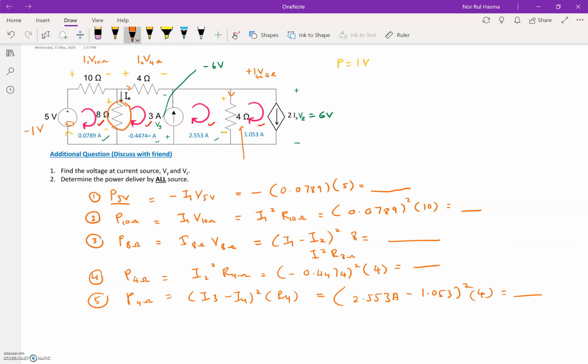And then this one is a bit different, which is you have to find the power for the dependent voltage source, which is P2Ix.